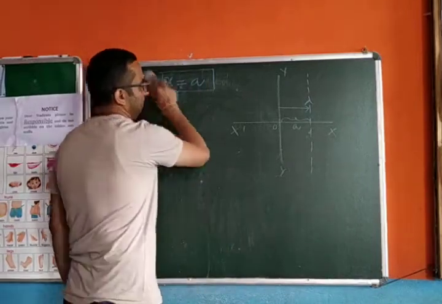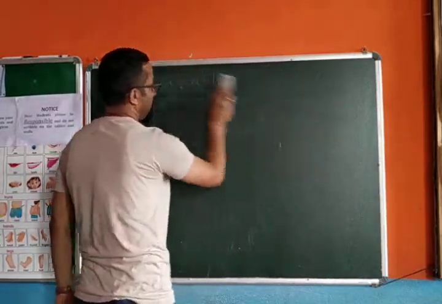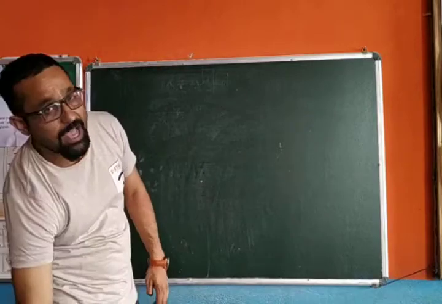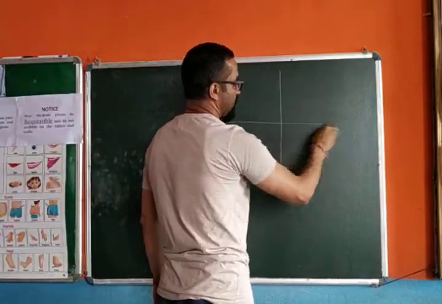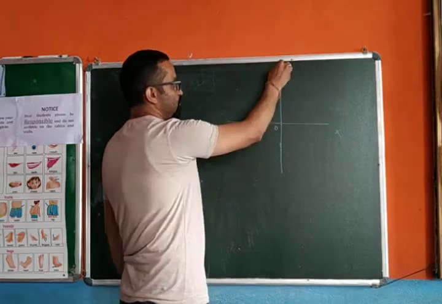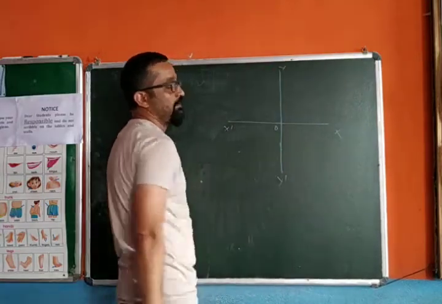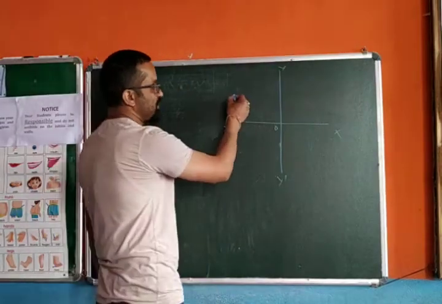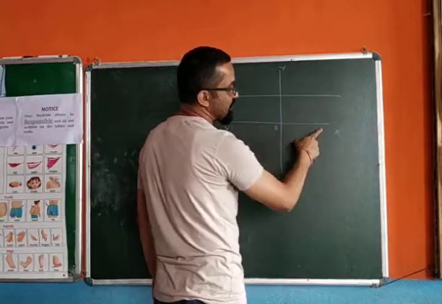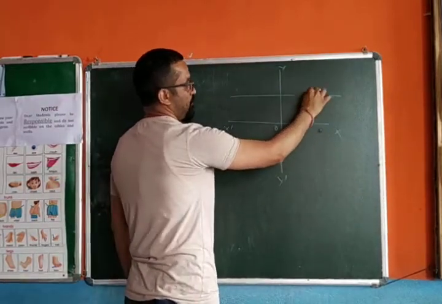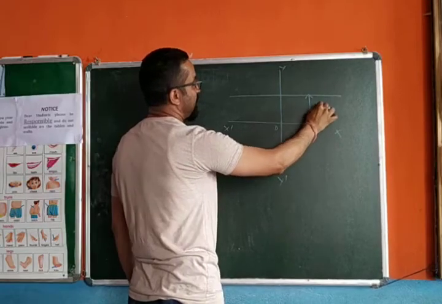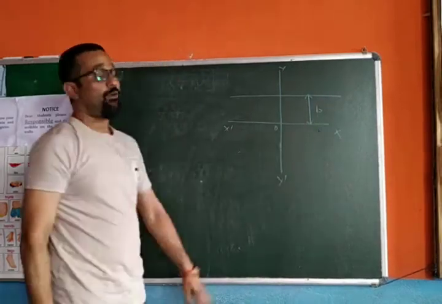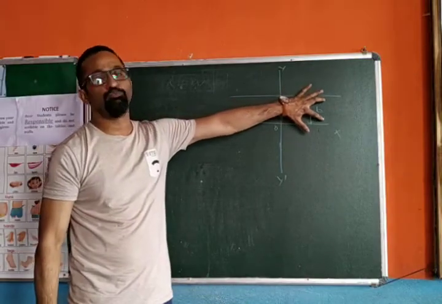Second one, equation of a line parallel to x-axis. X, origin, x dash, y dash. Consider a line which is parallel to x-axis. The distance between x-axis and the line is given by or represented by the value b.